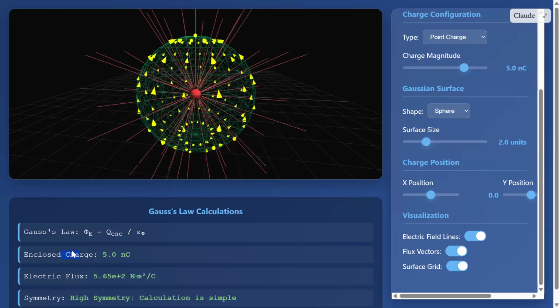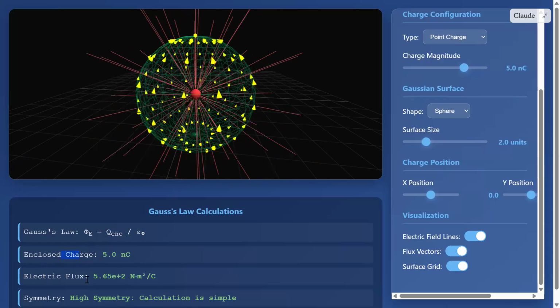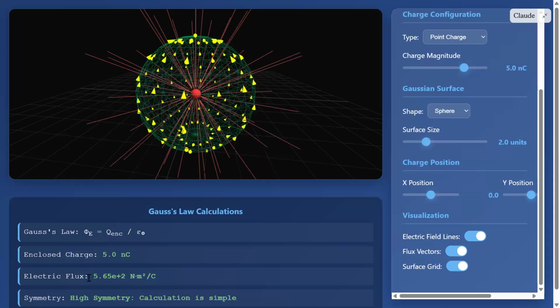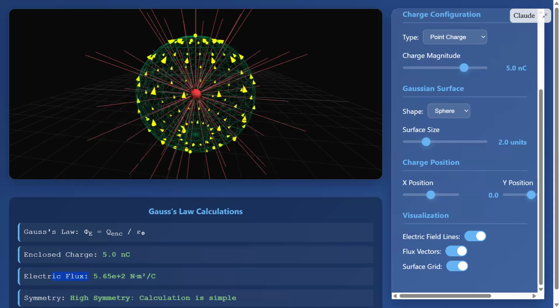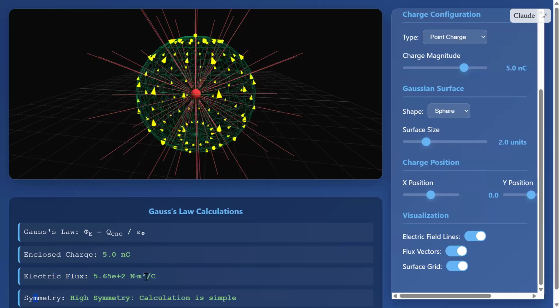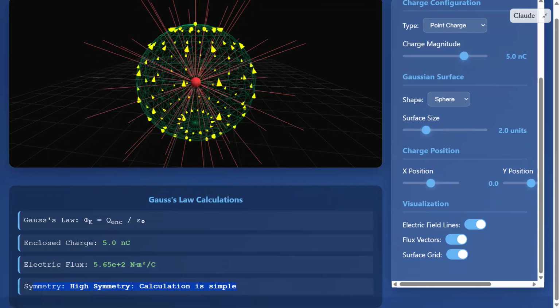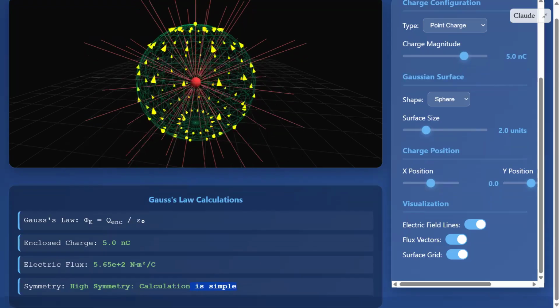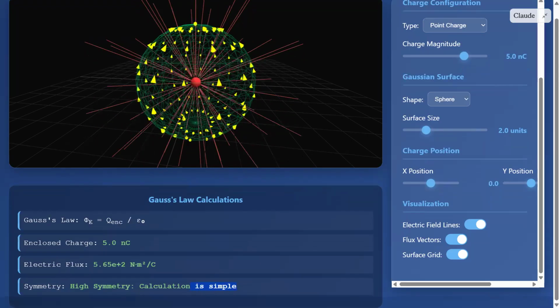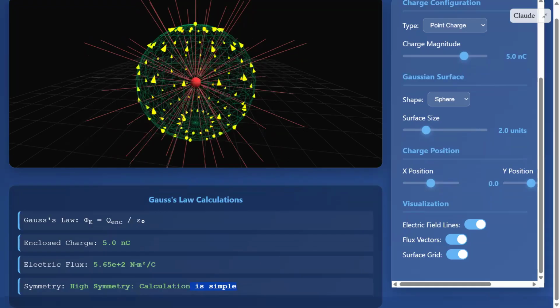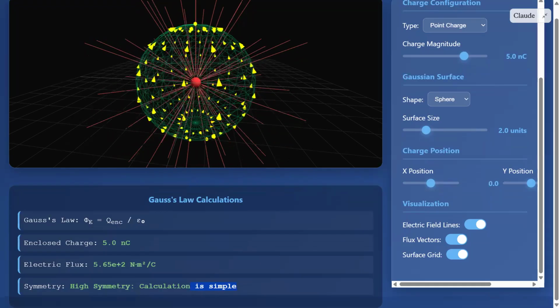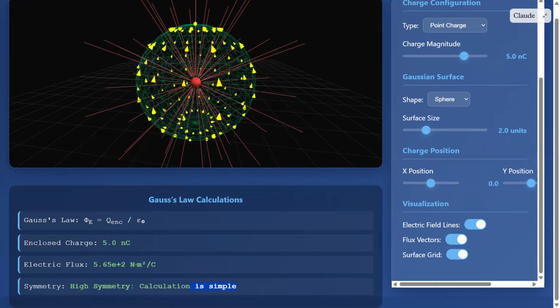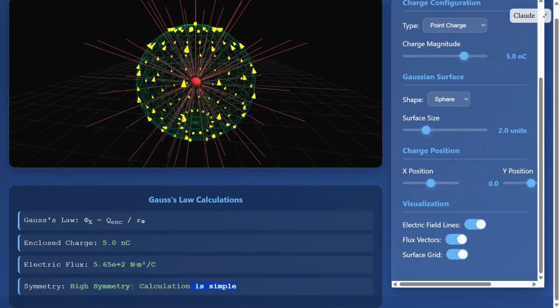An important point is high symmetry: calculation is simple. That's why we can choose Gauss law. We can select a Gaussian surface to exactly match the charge type.